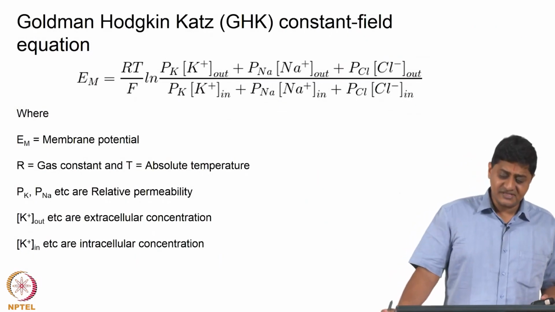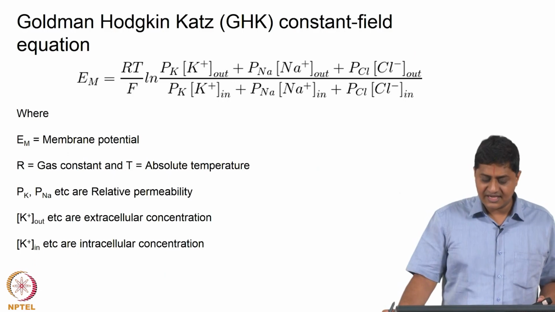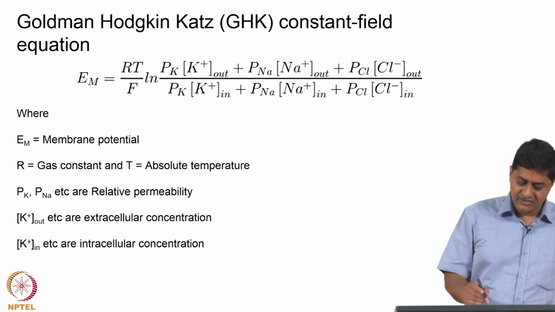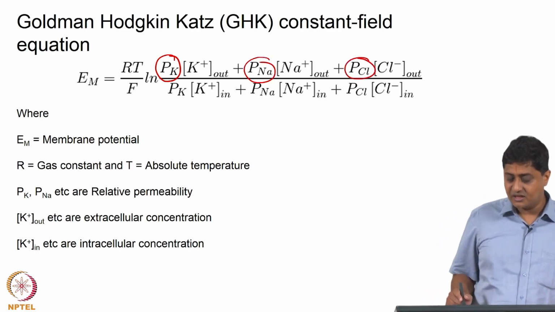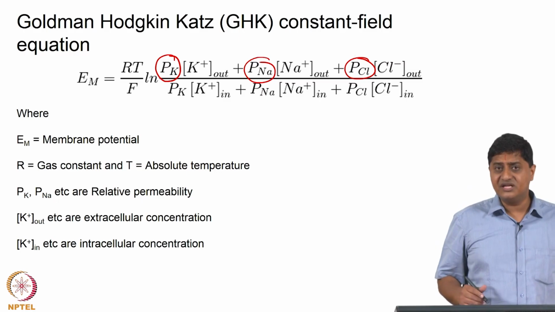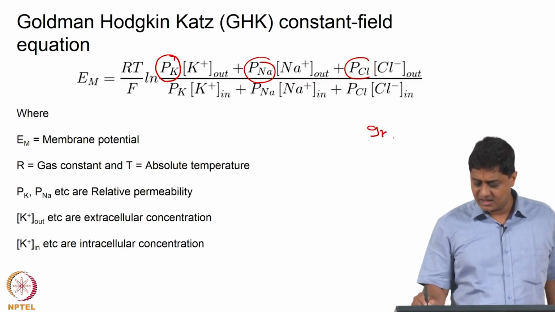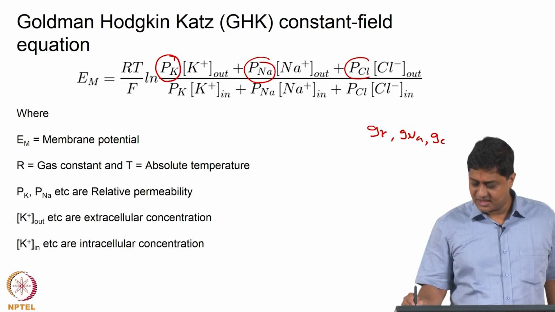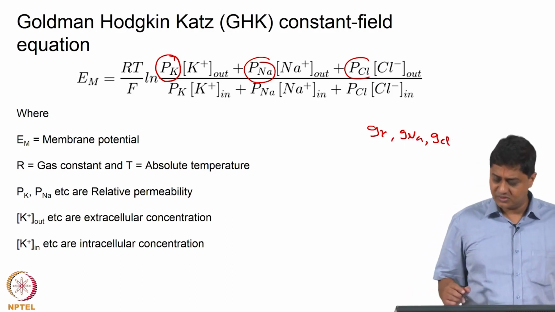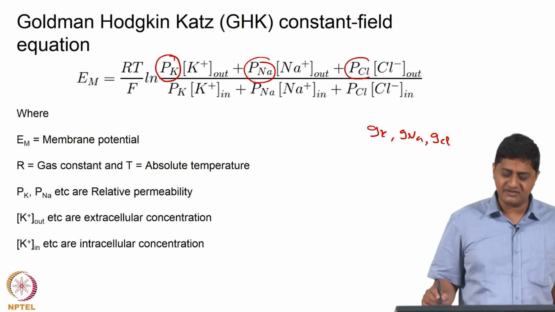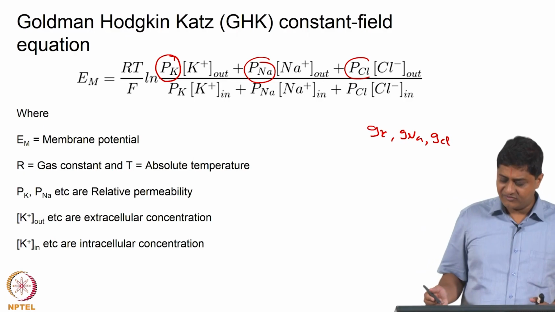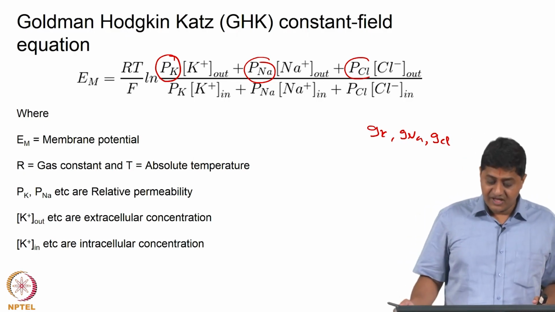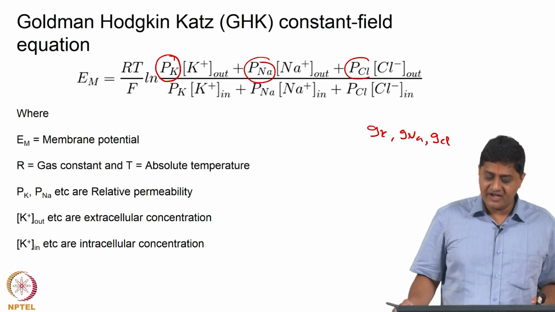Another way of expressing the same thing is the Goldman-Hodgkin-Katz equation. Here what you have are permeabilities PK, PNa, PCl, etc., which can be considered equivalent to GK, GNa, GCl, somewhat similar to the conductances but not the same; the units are different. However, we are not weighting the permeability by the total permeability.